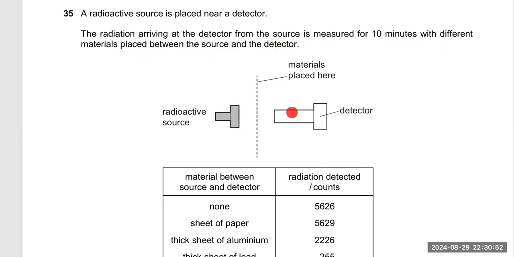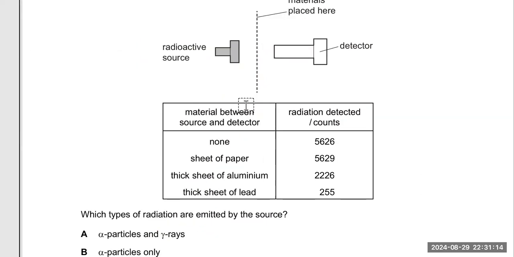None means initially there is no material between the detector and the radioactive source, and then they place a sheet of paper, then a thin sheet of aluminium, then a thin sheet of lead. Which types of radiations are being emitted by the source?